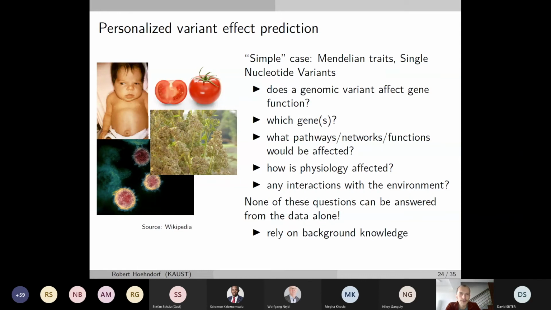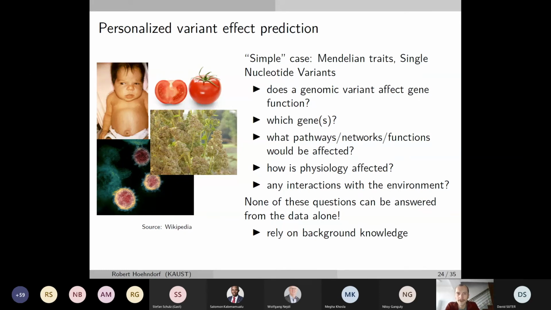Which variant in a human genome causes a set of phenotypes is very difficult to identify, because we need to know how this variant will affect the function of the protein, if it is protein coding, otherwise how does it affect regulation of a gene, or what is the functional effect of this variant.